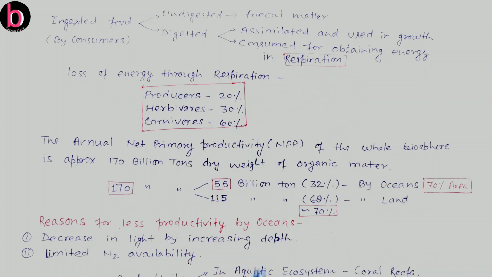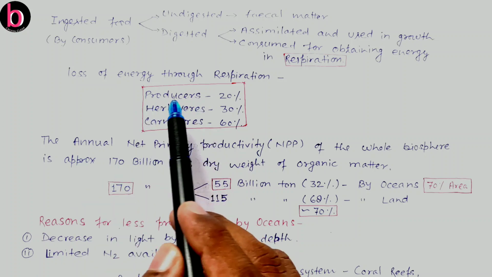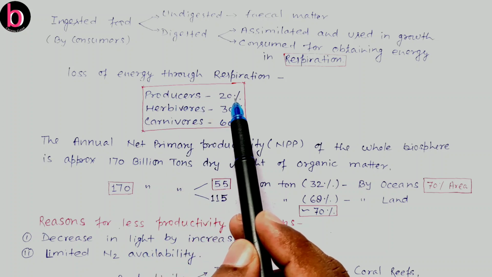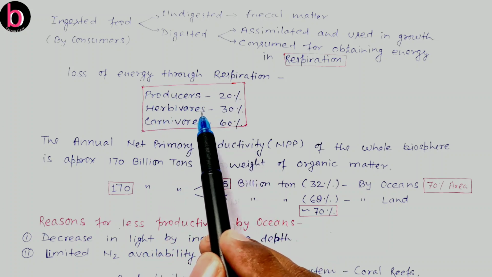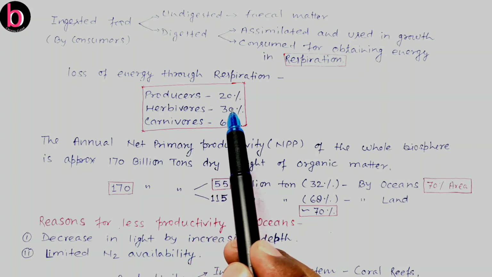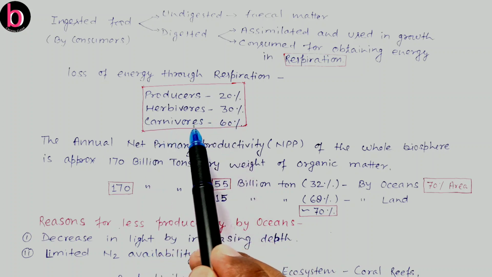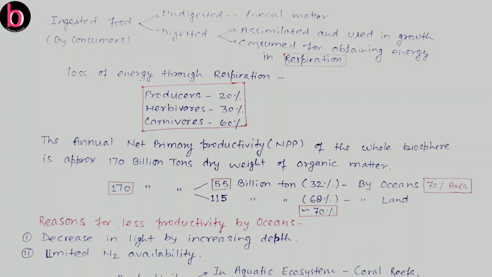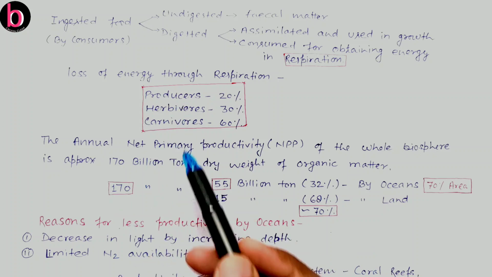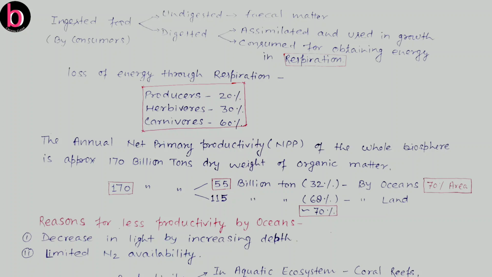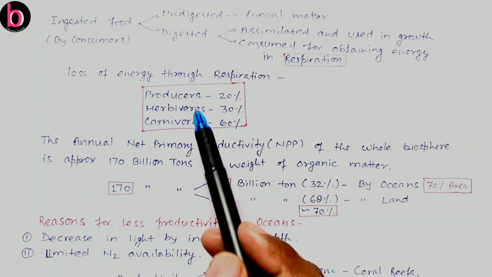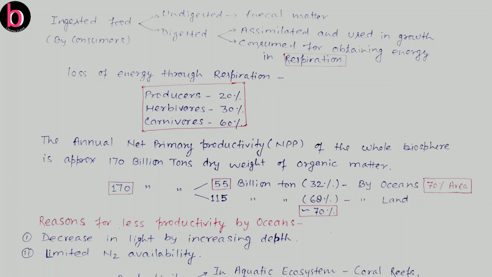This loss of energy through respiration varies from organism to organism. In the case of producers, there is 20% loss. In herbivores, which are primary consumers, there is 30% loss, while in carnivores there is 60% loss by respiration. So why are there different respiration losses? Because producers are non-motile, so there is less respiratory loss.